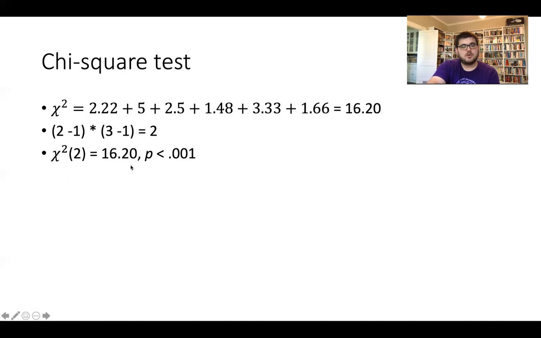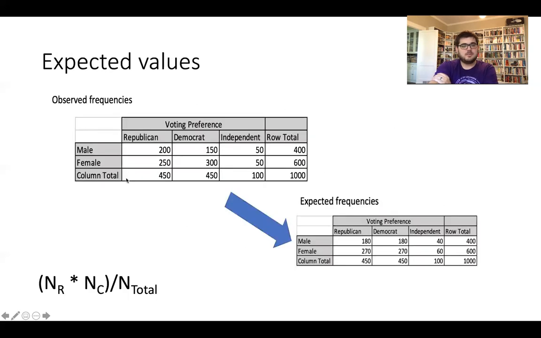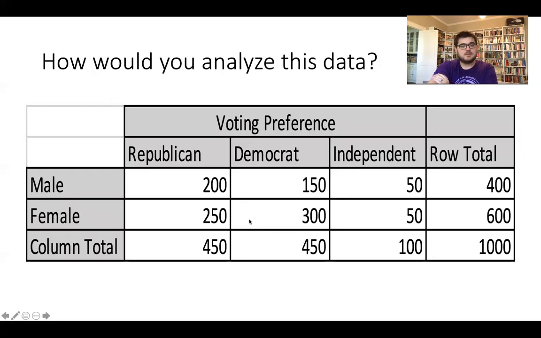Less than a 1% chance. I mean, 16.2 is a very large test statistic. So you'd end up rejecting the null hypothesis. You'd end up saying there is some sort of association between gender and voting preference. There's some overrepresentation or underrepresentation in at least one of these categories.